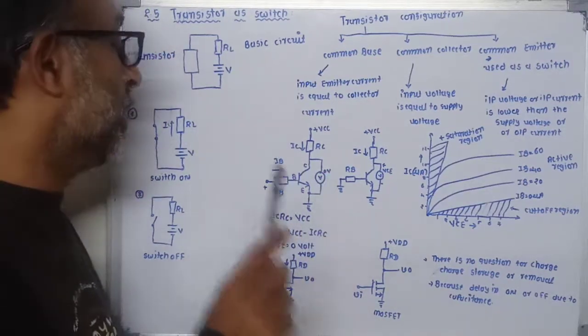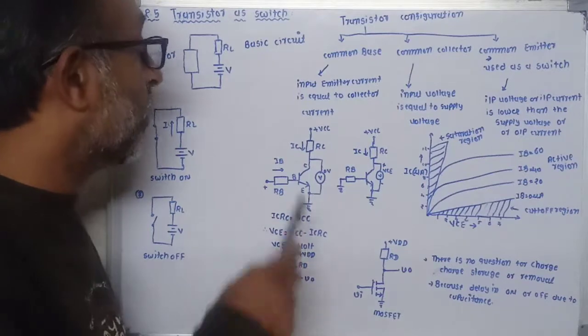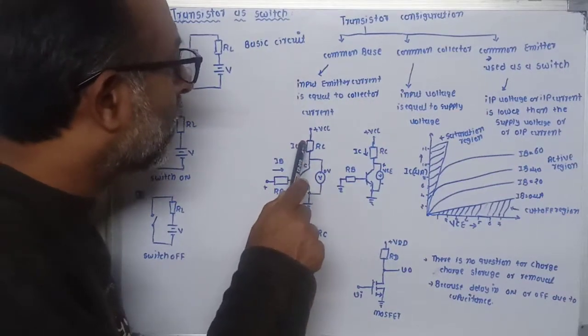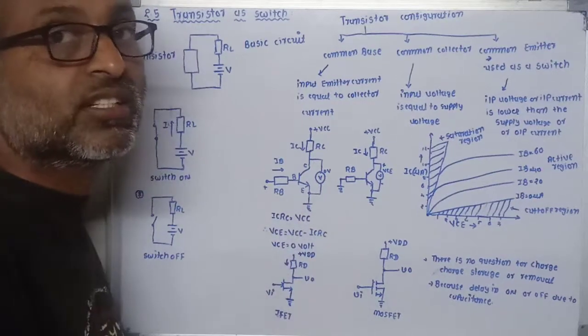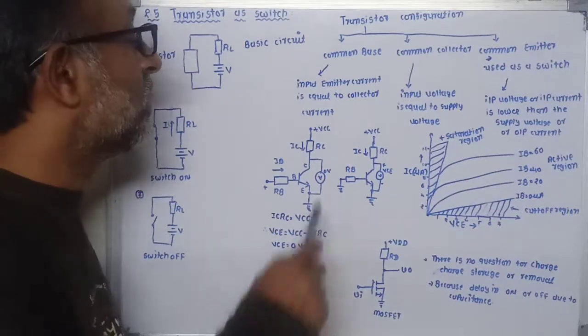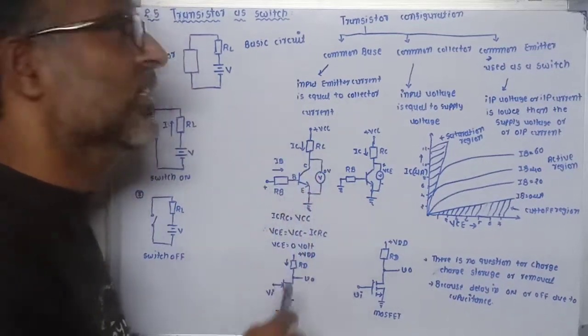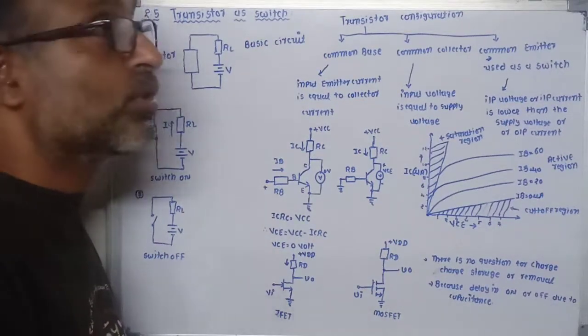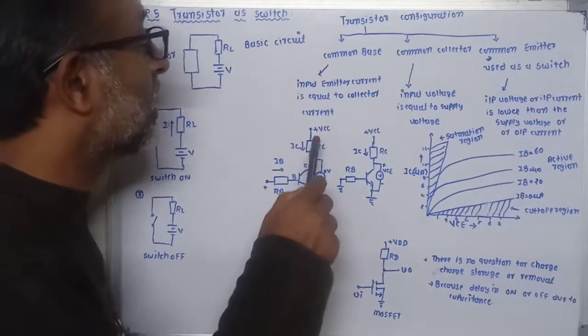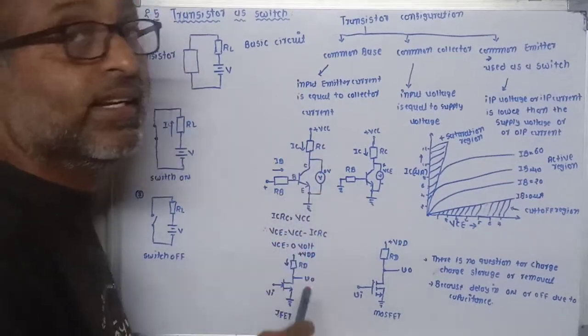It is most important. Now when a high amount of collector current passes through this collector resistance, a voltage drop occurs across it, and due to the high value of collector current, most of the voltage drop occurs in this collector resistance.